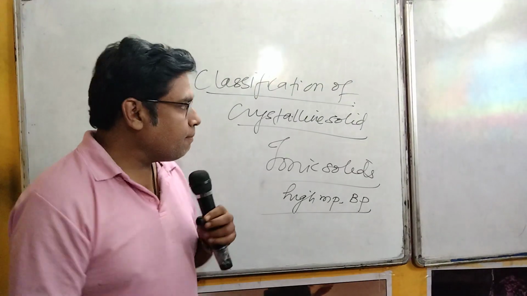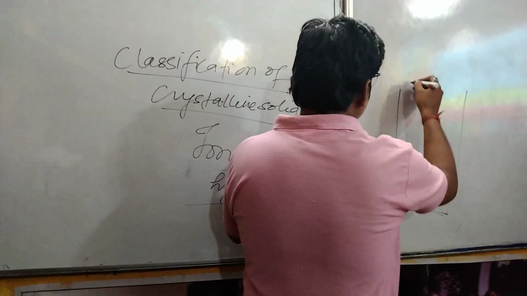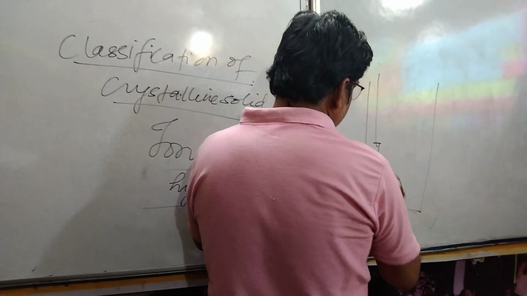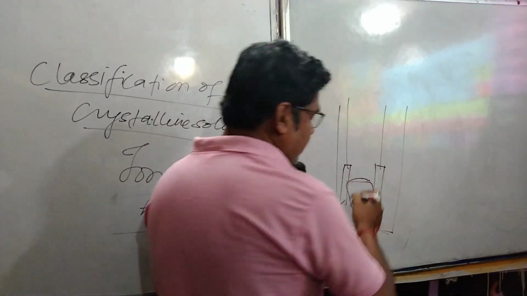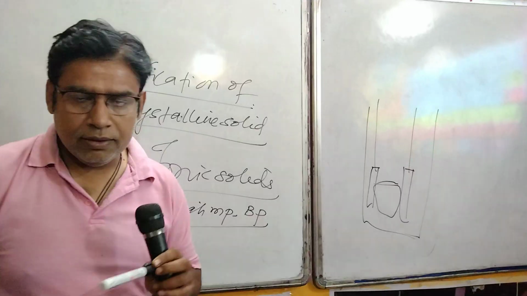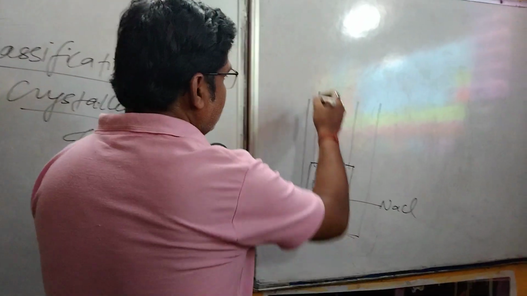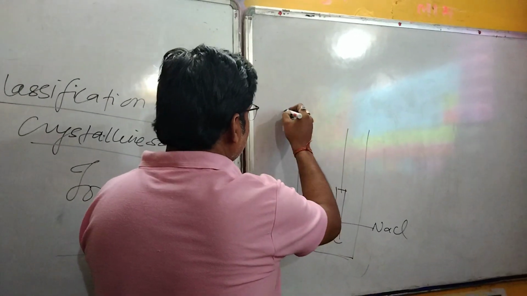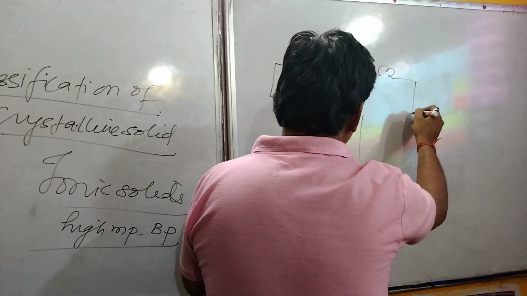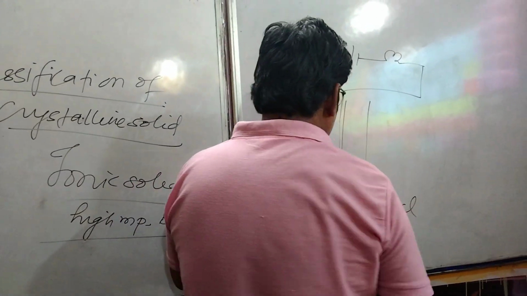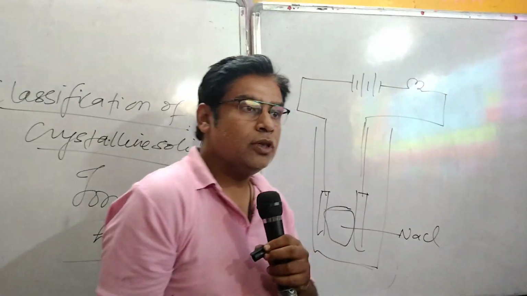एक और चीज है, जैसे पहले भी बताया था, if I take a beaker and 2 electrodes, take a piece of NaCl, sodium chloride, connect the 2 electrodes with a battery and then connect it with a bulb and continue the circuit, will this bulb glow?